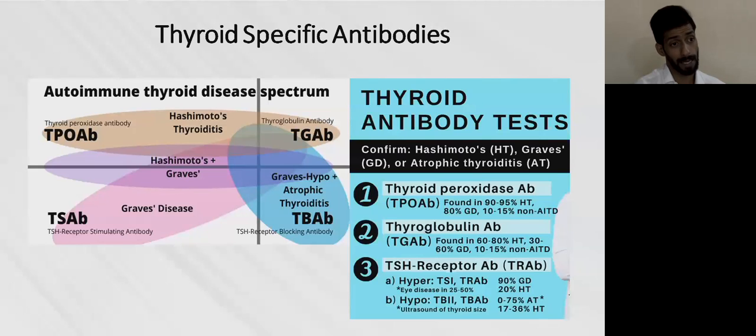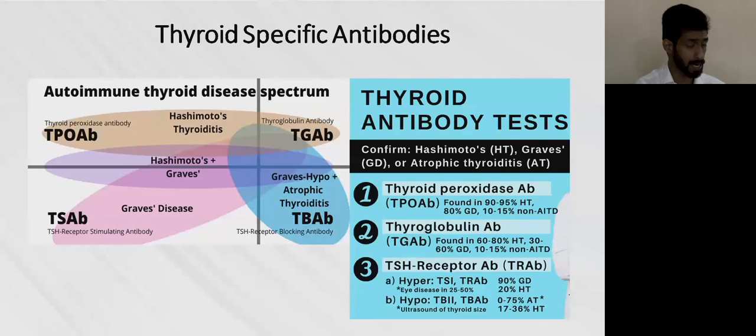And thyroid receptor antibody, which earlier we thought was one antibody, we now know that it is at least 3 phenotypes of antibodies, which can either be a stimulating antibody, which is what we classically learn in Graves, where this antibody stimulates your receptor.